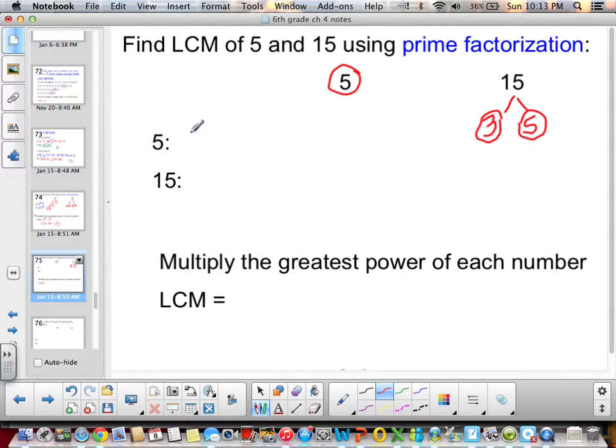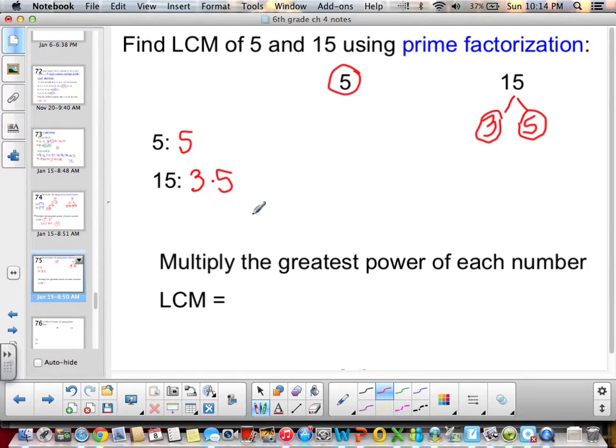So the prime factorization of 5 is 5. The prime factorization of 15 is 3 times 5. Because remember, we don't include 1 in our prime factorization because 1 is not prime. Remember, our first prime number is 2. And secondly, anything multiplied by 1 is itself. So we just leave 1 out.